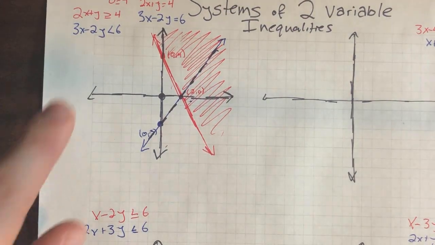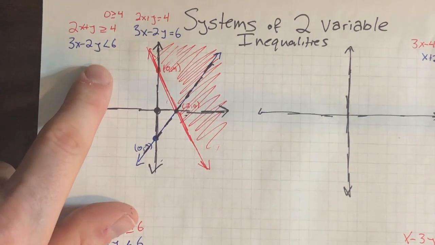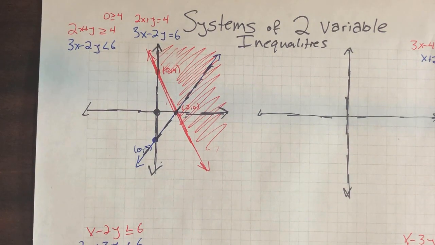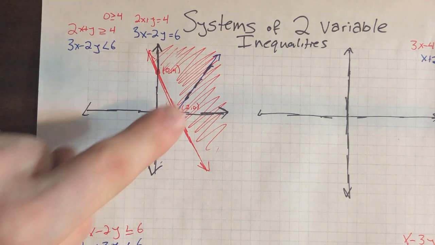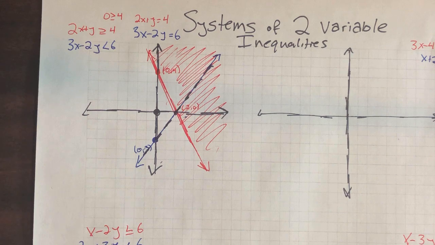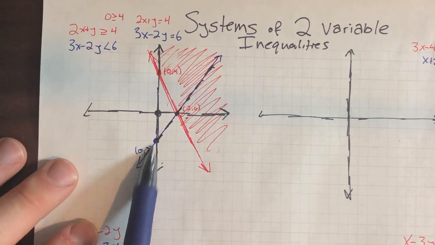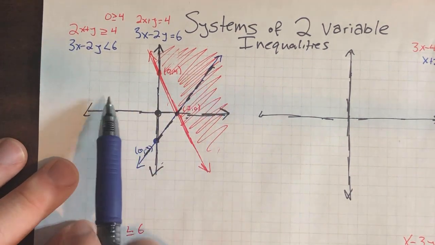Why is it a dotted line? Because it's not equal to, it's just less than. And remember, the line is where they're equal. So when you have not equal in your inequality, meaning just less than or greater than, the stuff that's equal doesn't count. Okay, lastly, I'm going to choose my (0, 0), noticing (0, 0) is not on the line.